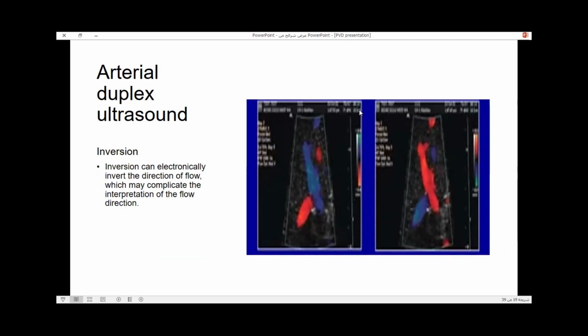When we press the inversion button, it will take the opposite direction of the flow. It depends on the flow of the artery or the blood toward the superficial, toward the skin. So it just inverts the direction of the flow, but it has no significant importance for the evaluation of the artery itself.